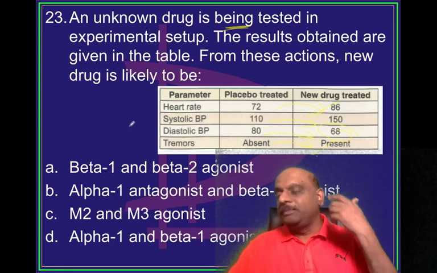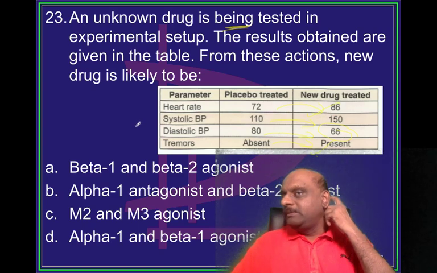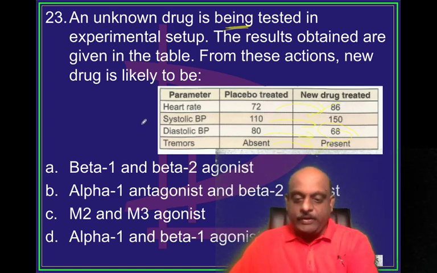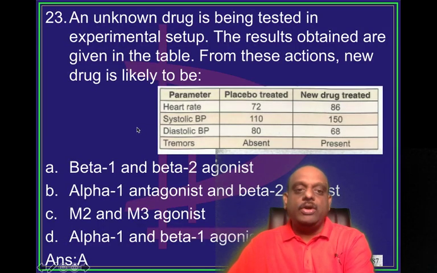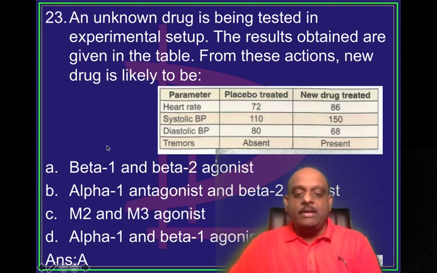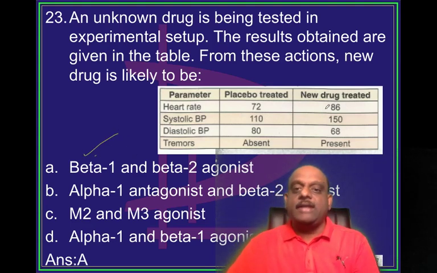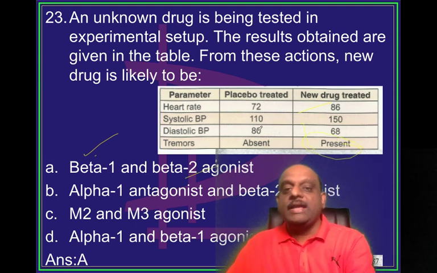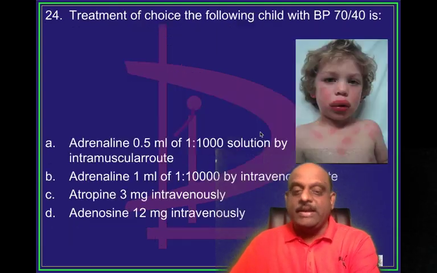You need to do the revision and keep applying it in the MCQ context. Very good, so you're right. The drug is a beta 1, beta 2 agonist. Beta 1 is typically in the heart, which is why the heart rate increases. Beta 2 causes vasodilation, and that is the reason for tremors, like salbutamol, etc.